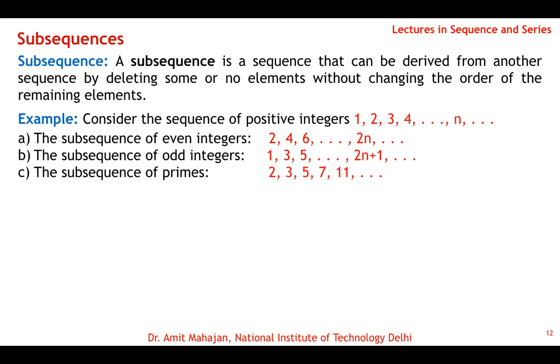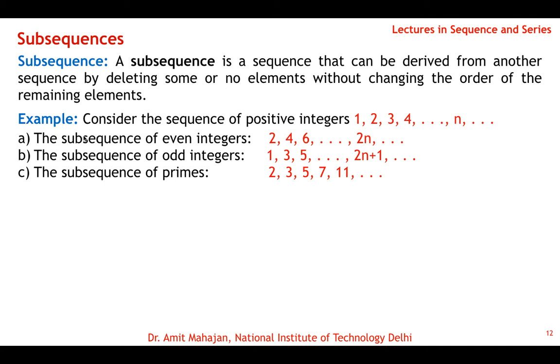The next definition is subsequences. A subsequence is a sequence that can be derived from another sequence by deleting some or no elements without changing the order of the remaining elements. For example, consider the sequence of positive integers 1, 2, 3, 4, and so on.